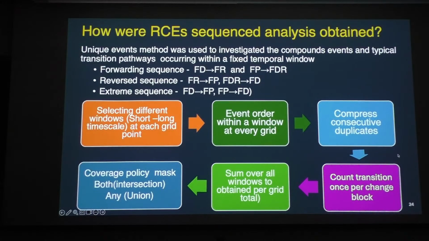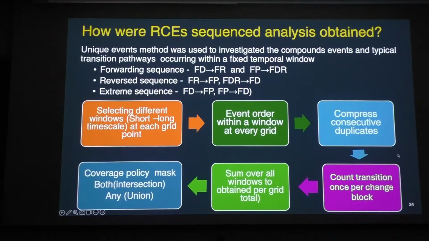Okay, the sequence events were obtained going forward and going reverse, and we use short to long time scales. Going forward, we go from the dry condition to the normal condition, where the normal condition is like flash recovery and flash dry. And going reverse, we jump from the normal condition toward the wet event, or toward the dry event.